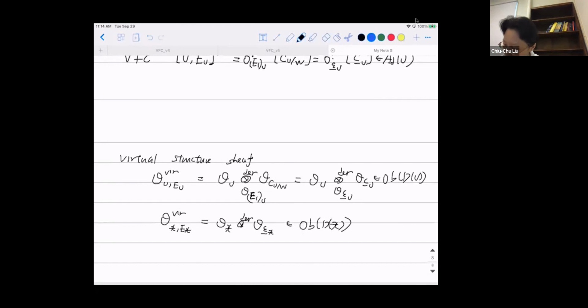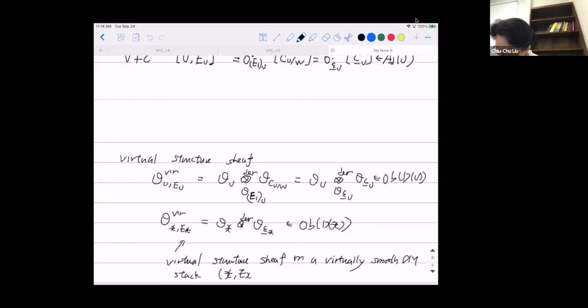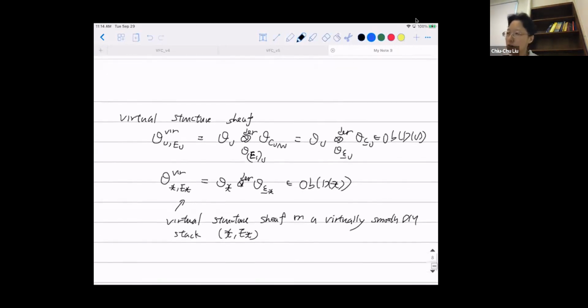So this gives us the virtual structure sheaf on a virtually smooth Deligne-Mumford stack X together with a perfect obstruction theory.